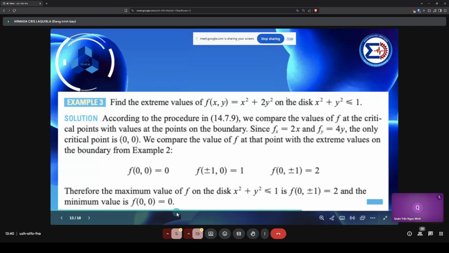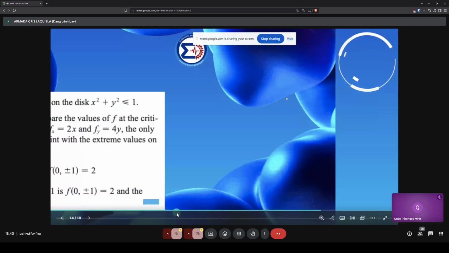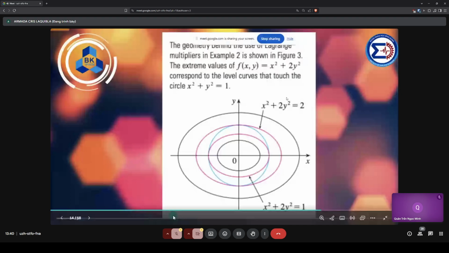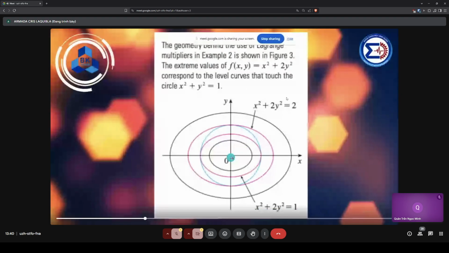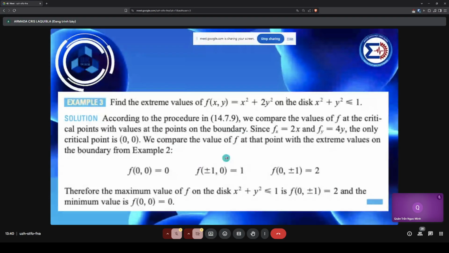Okay? Now if you see the graph there, the point 0, 0 gives you the smallest z, which is true because this is the graph of your z. Look here.